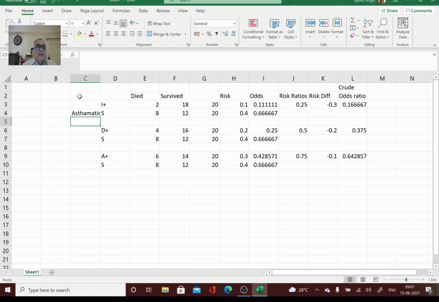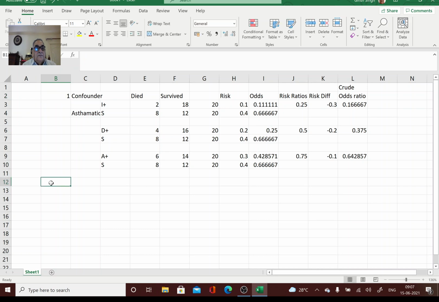So asthma here, which is the other explanation of the association or the result, is called a confounder. Other explanation of the result. So those confounders have to be controlled.